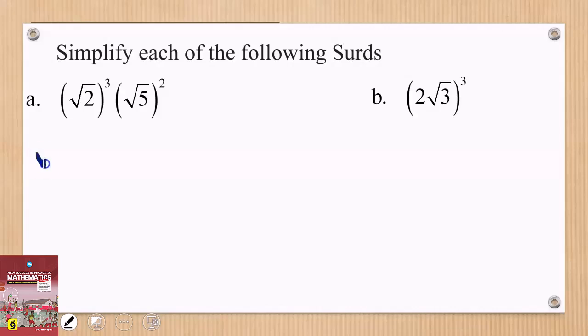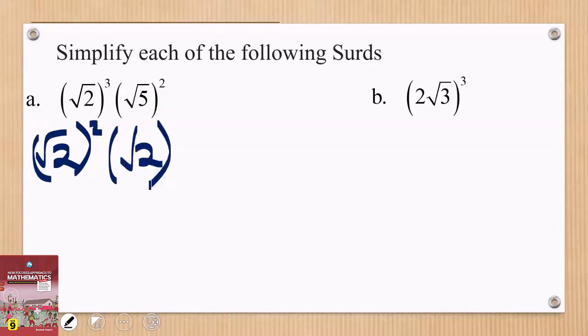Remember, this is the same as root 2 squared times root 2, so that gives us root 2 to the power 3. Then times root 5 also squared.